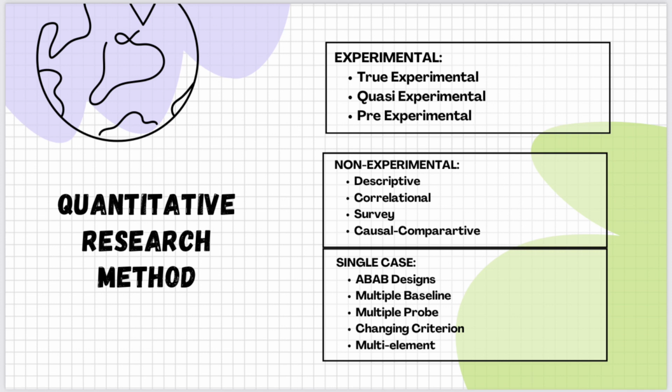Descriptive research is research that aims to accurately and systematically describe a population, phenomenon, or situation. It can answer questions like what, where, when, and how, but not why questions.